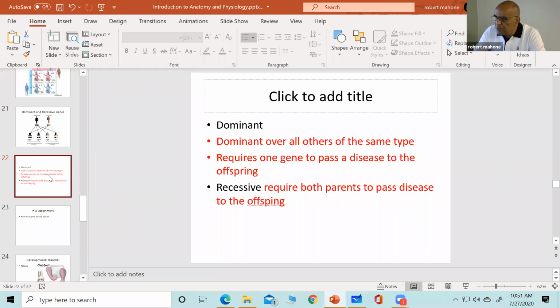Know the definitions for dominant: dominant over all others of the same type. Genetic diseases can be passed by just one gene or from one parent, and recessive requires both parents to pass the disease.